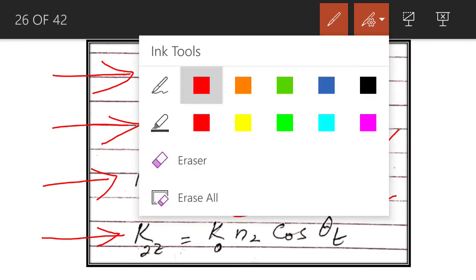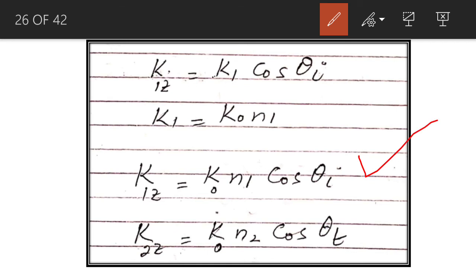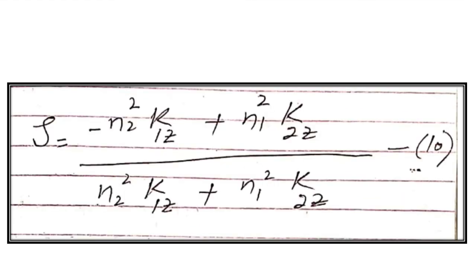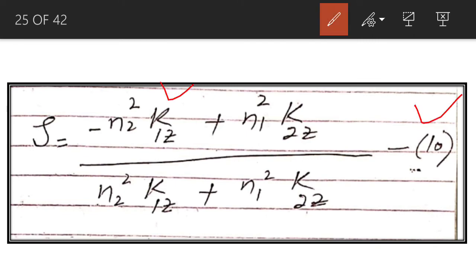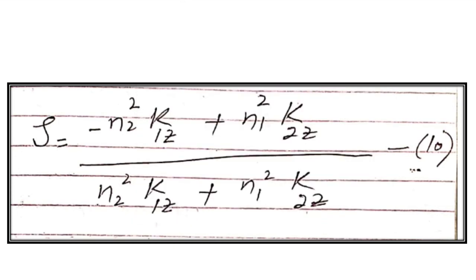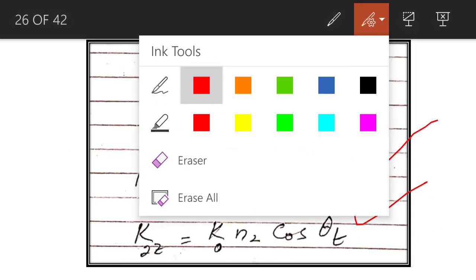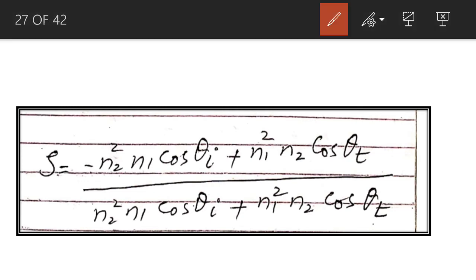If we put the value of k1z and k2z in equation number 10, this will give you another equation, and you see the reflection coefficient will be equal to minus n2 square into n1 cos of theta I plus n1 square into n2 into cos of theta t divided by n2 square n1 into cos of theta I plus n1 square n2 into cos of theta t.